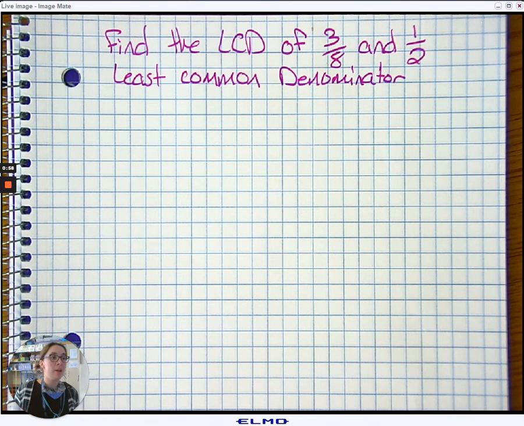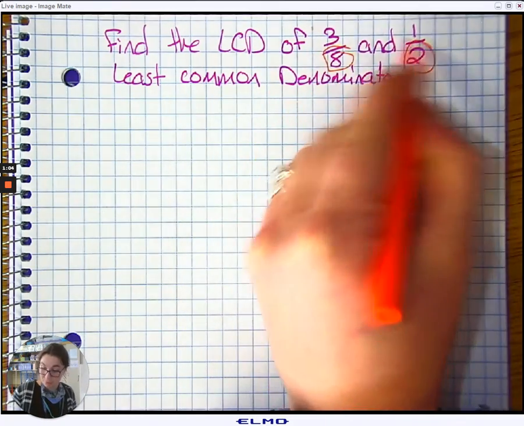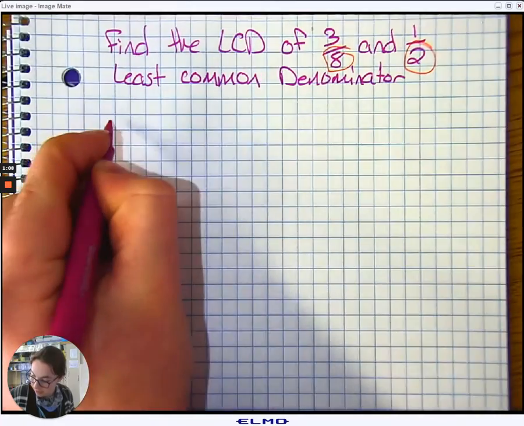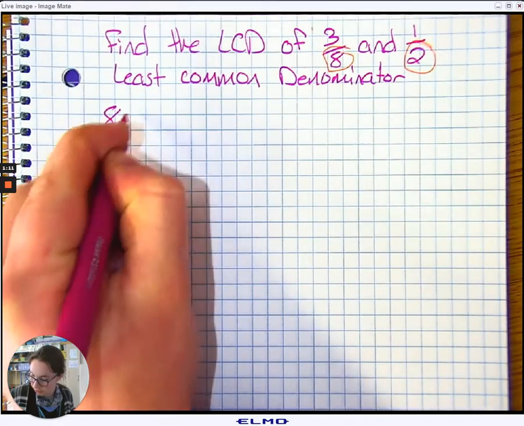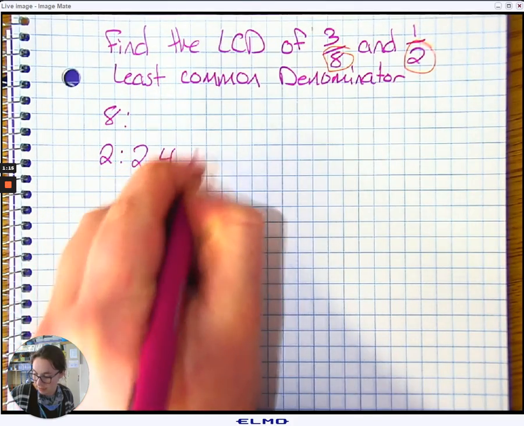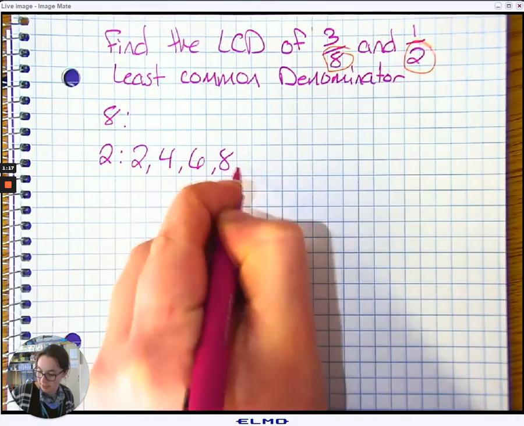Our least common denominator of 3/8 and 1/2. To do that, we need to look at the denominators, which are 8 and 2. So we need to find the least common multiple of 8 and 2. We can count by 2s, 2, 4, 6, 8, and 10.